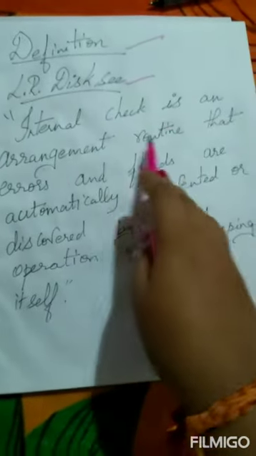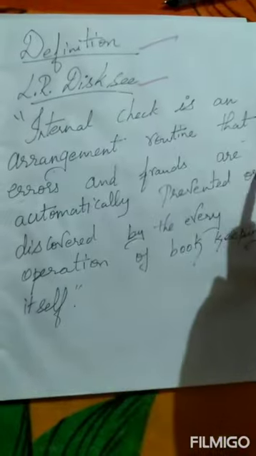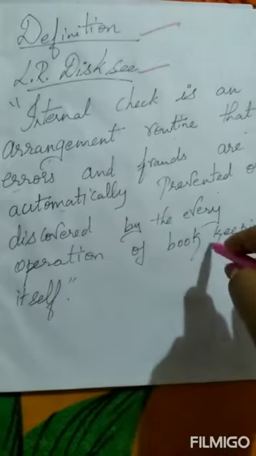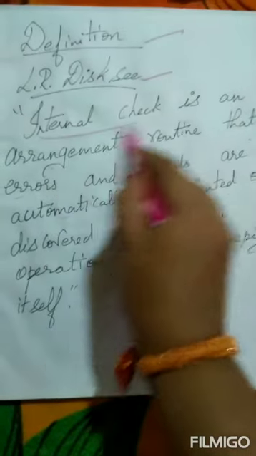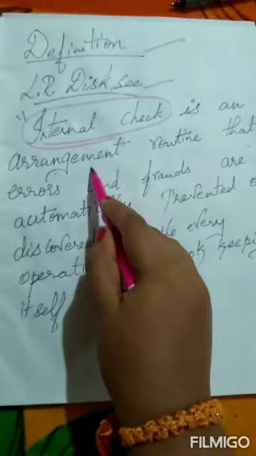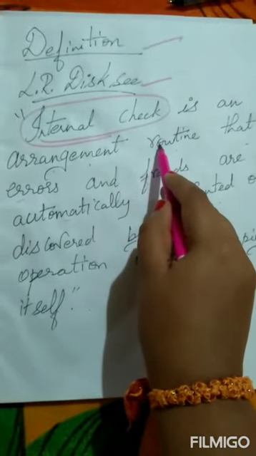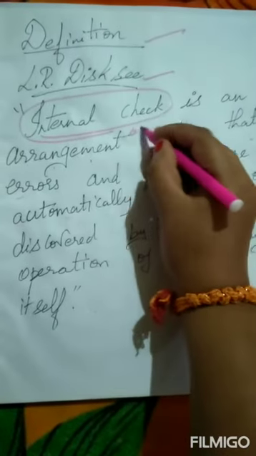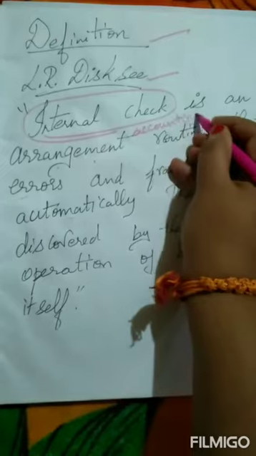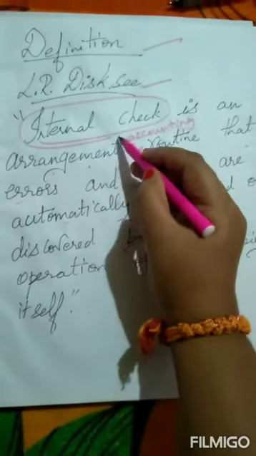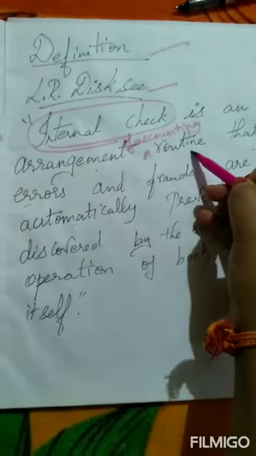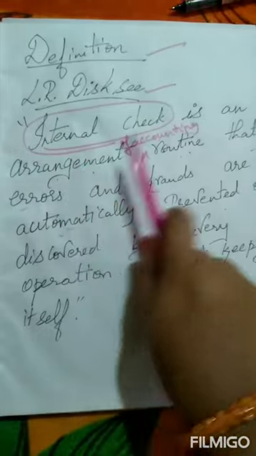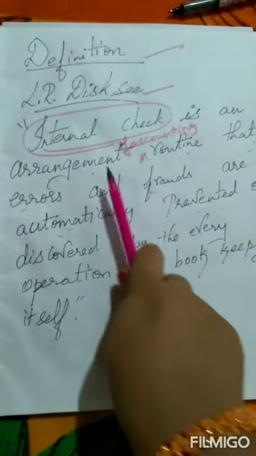Internal check is an arrangement of routine that errors and frauds are automatically prevented or discovered by every operation of bookkeeping itself. In internal check, the arrangement is done. The routine arrangement is done, so routine accounts work will be done.